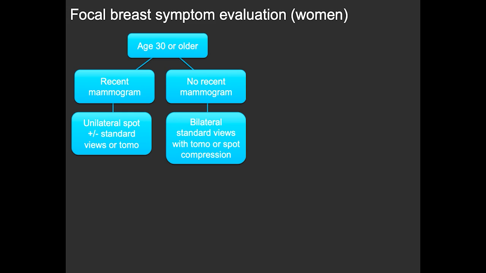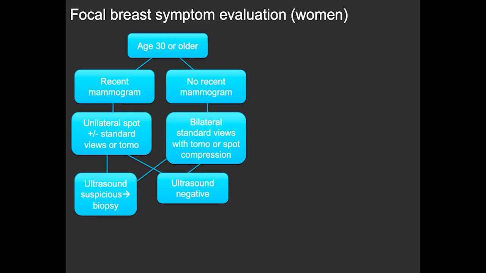If the patient's had a recent mammogram, we either do a limited mammogram if it's been within 6 months, or we do the full standard views with spot compression views if it's been more than 6 months but less than a year. Pretty much regardless of what the mammogram shows, we move on to ultrasound.